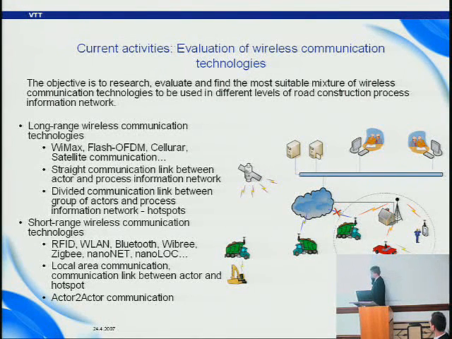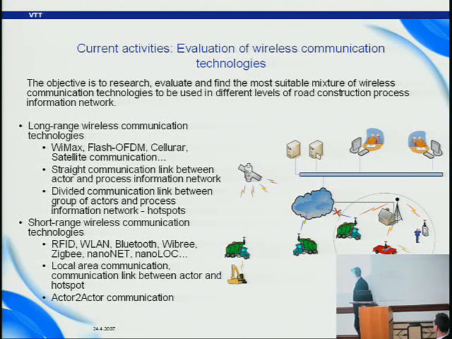And the hotspot is also moving. And this short-range wireless communication is used to exchange information between actors, and perhaps actors to hotspot.